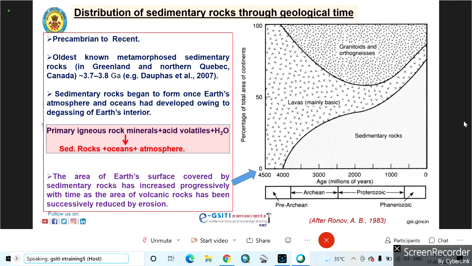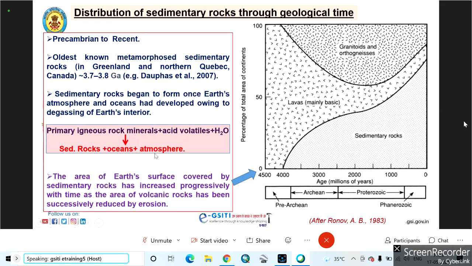So here we can understand how sedimentary rocks have been formed, that is through the reaction of the primary igneous rock, mainly the basic volcanic rocks, with the acid volatiles and water that forms the sedimentary rocks, ocean and atmosphere.